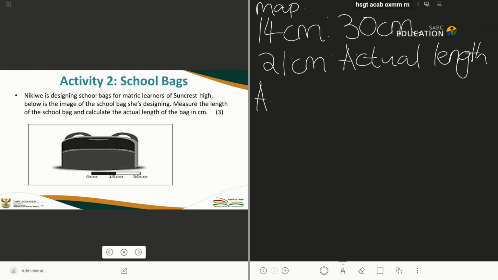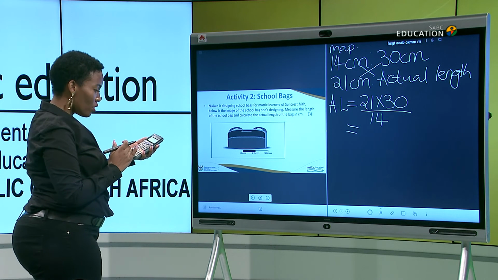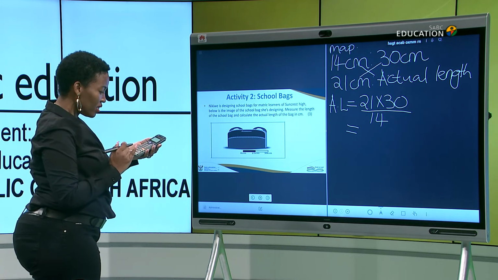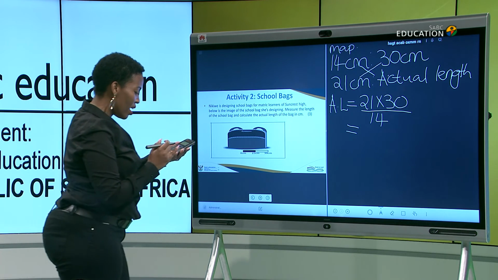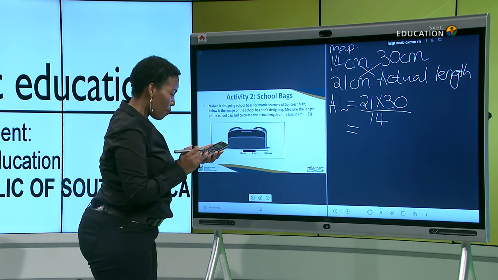So how do I get my actual length? I will say AL, which stands for actual length, and it's 21 multiplied by 30, and then you always divide by this one, and in this case we are dividing by 14. And this is where our usage of calculator comes in again. 21 multiplied by 30 gives us the answer, and then we divide it by 14.